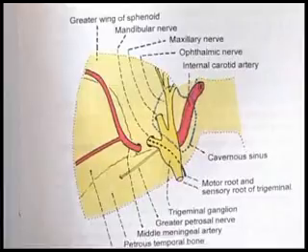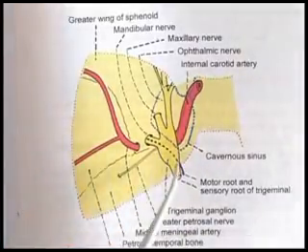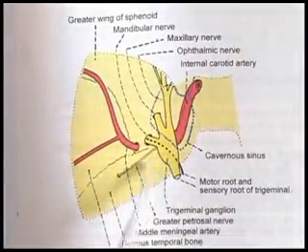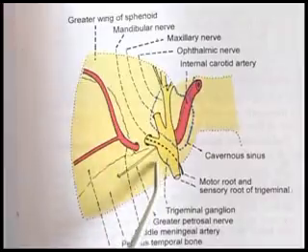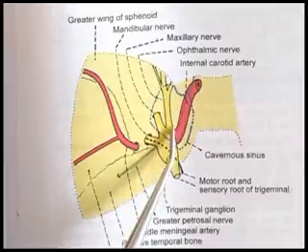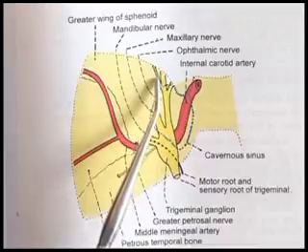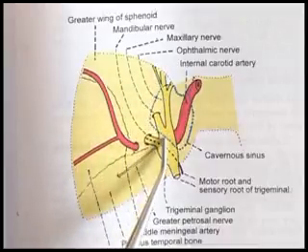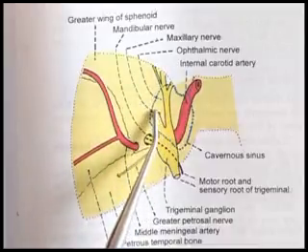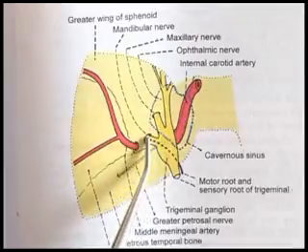This figure shows the trigeminal ganglion lying on the medial part of anterior face of petrous temporal bone. It divides into three branches: the ophthalmic, which leaves it through the superior orbital fissure; the maxillary, which leaves through foramen rotundum; the mandibular, which leaves through foramen ovale.